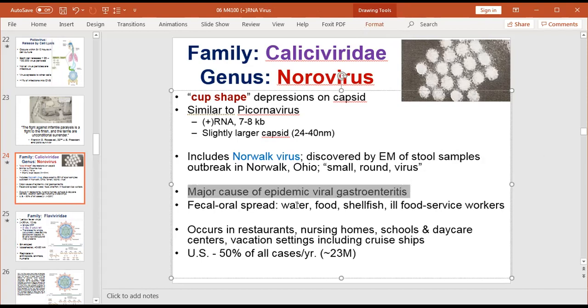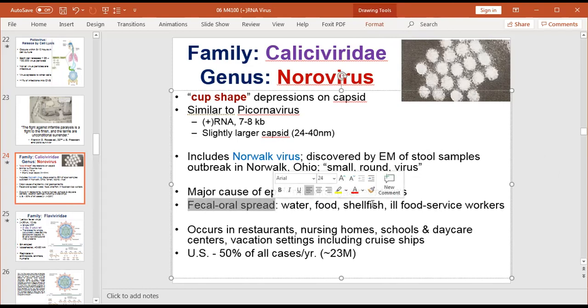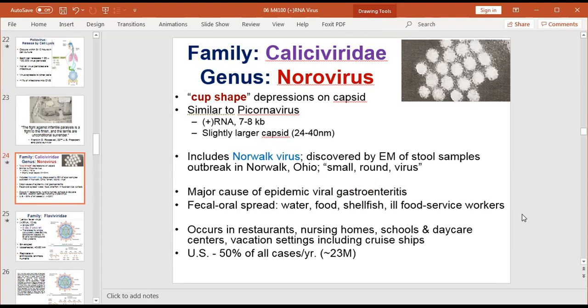The mode of transmission is through a fecal-oral route from water, food, shellfish. Food service workers can transmit the disease very efficiently.